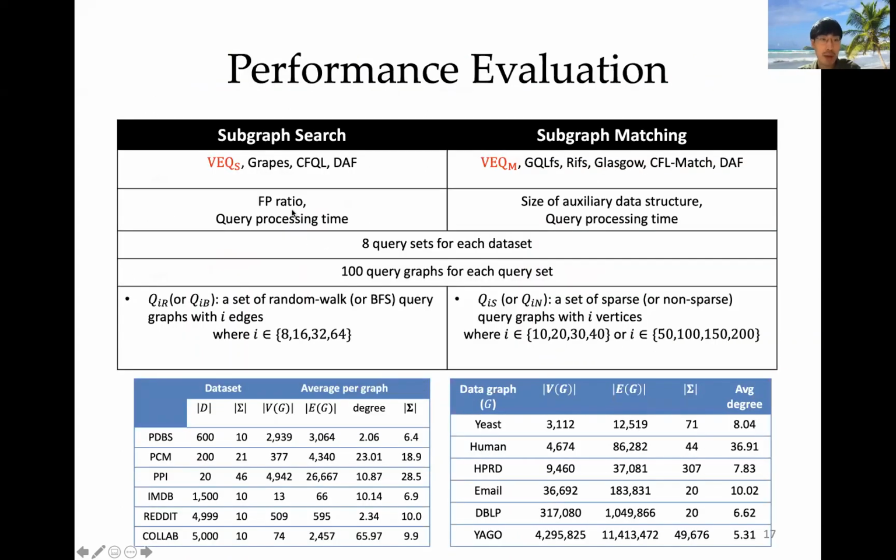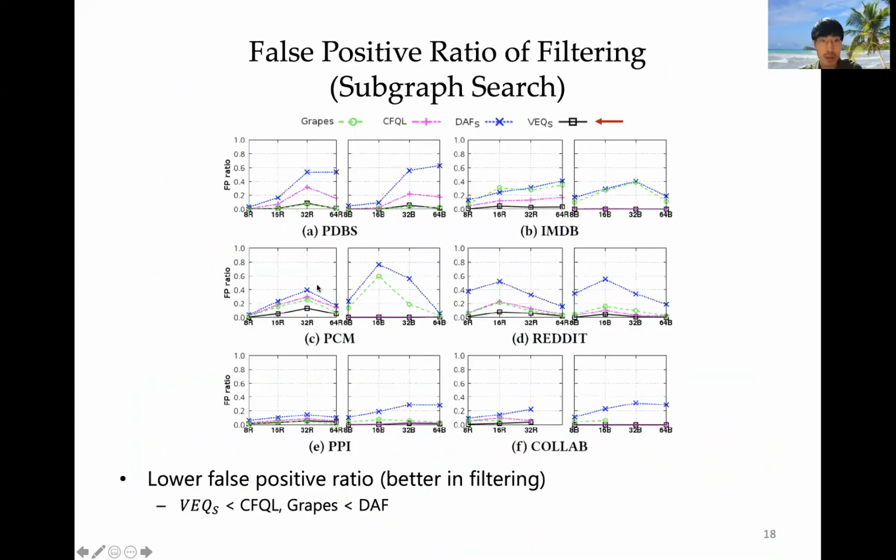For performance evaluation, we compared our algorithm BACK with state-of-the-art methods on many real data sets. First, we measure the false positive ratio of filtering of subgraph search. We compare the filtering power of our filtering with every filtering technique of competing algorithms, and BACK is depicted as black lines here.